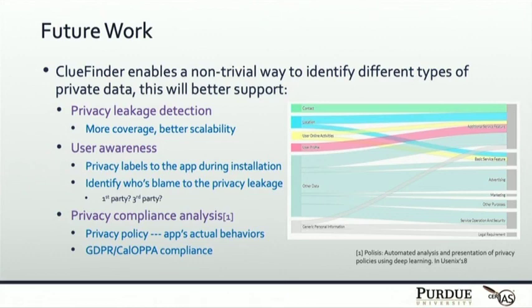As we know, regulations like GDPR are really pushing hard to protect users' private data. So using things like ClueFinder, we can first analyze what the app code is actually accessing, and then compare with their privacy policy to see if there is anything they missed or didn't disclose to the user.